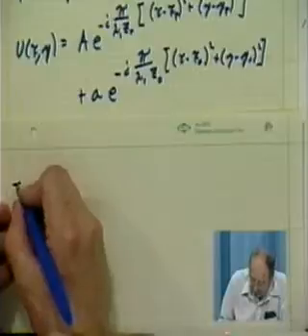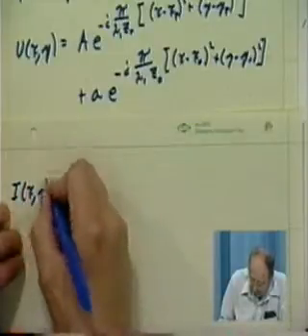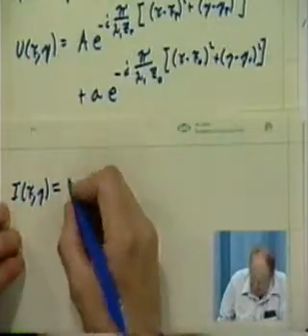So I of xy, and again this is all coming out of Goodman's book, so you don't need to copy everything down.